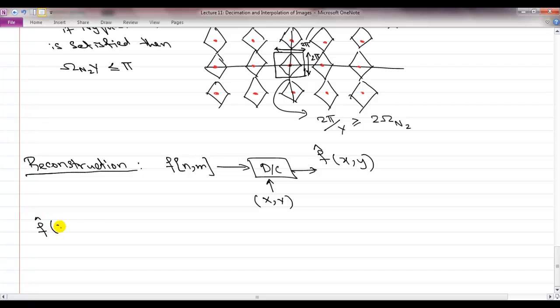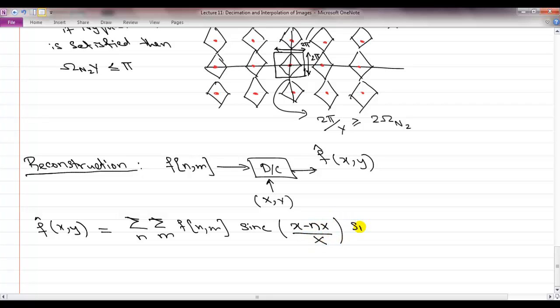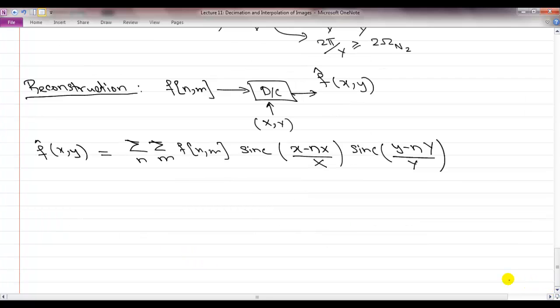Recall that the reconstruction formula is given by summation over nm of the sequence multiplied with this 2D sinc, given by sinc of x minus nx over x and sinc of y minus ny over y. Now once again, the right way to understand the relationship because of this reconstruction is we do the same trick.